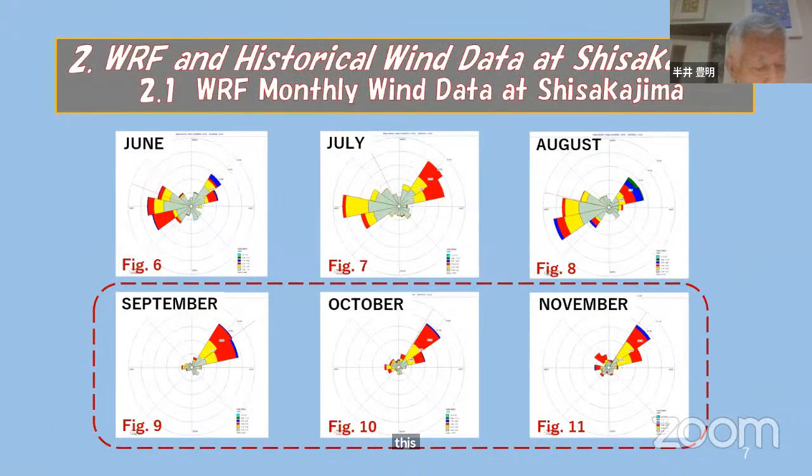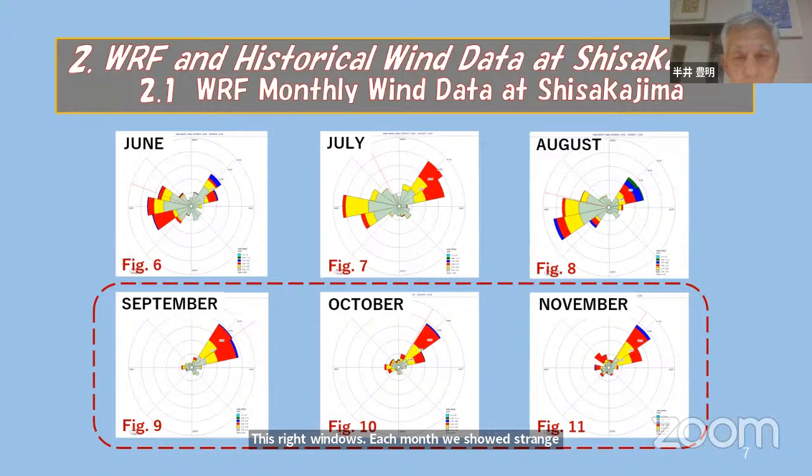This slide shows wind roses for each month, which shows a strange phenomenon in September, October and November, only three months: ENE and E, while the annual wind rose shows E and W.